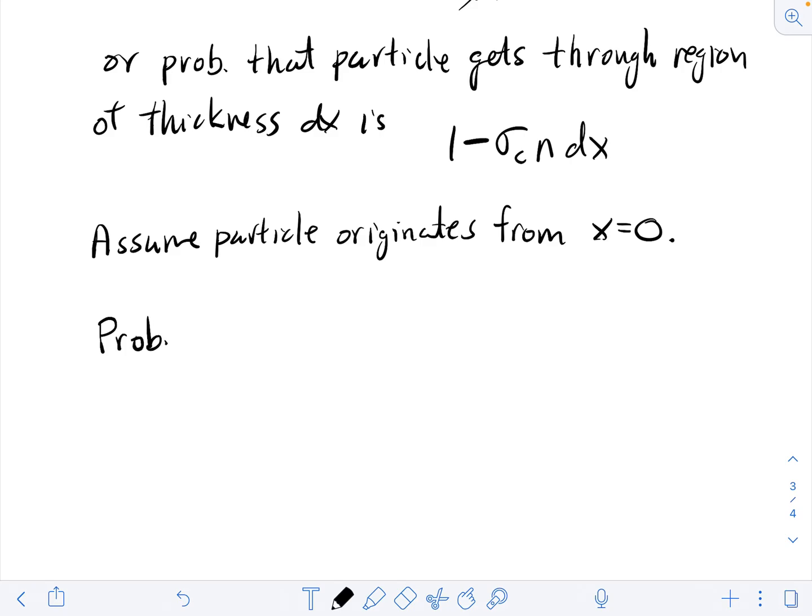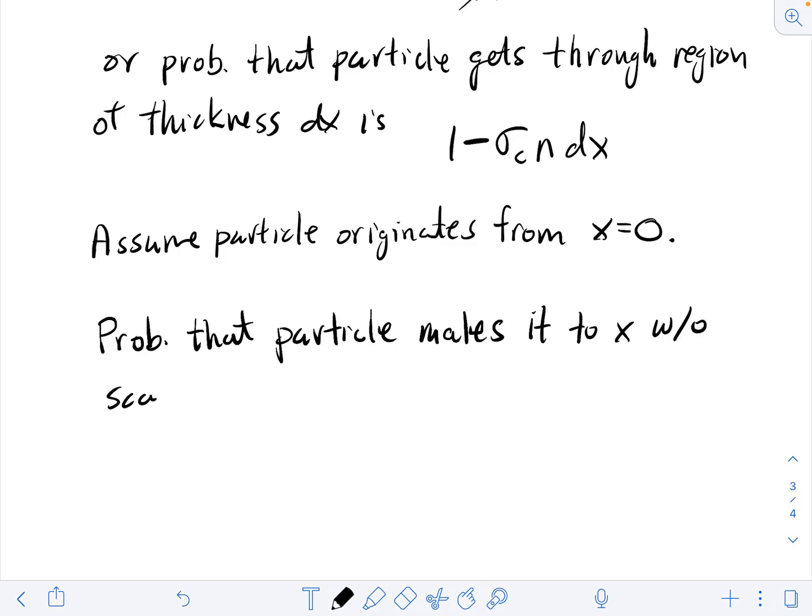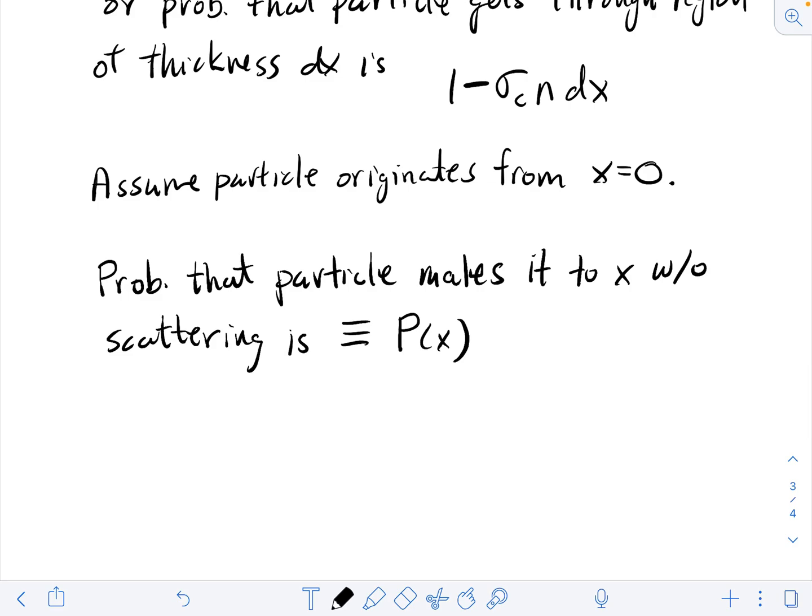So the probability that our particle makes it to x without scattering, we're going to define that to be p of x. Okay, so right now we don't know what that is, but we're going to try to find out.